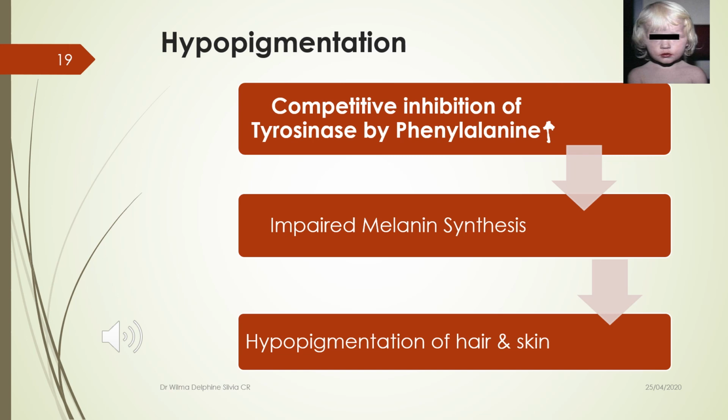In phenylketonuria, this enzyme tyrosinase is inhibited by the increased level of phenylalanine, which leads to impaired melanin synthesis in the melanocytes and hypopigmentation of hair and skin.